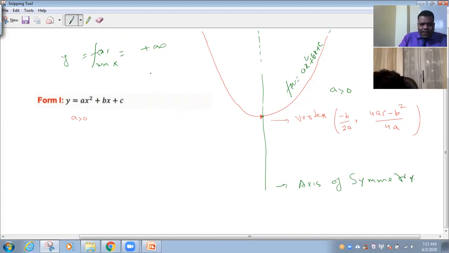What is f of x min? This is the bottom point, and the y coordinate of this bottom point is going to be the f of x minimum value. So what is the y coordinate here? 4ac minus b square by 4a. This is going to be f of x min.